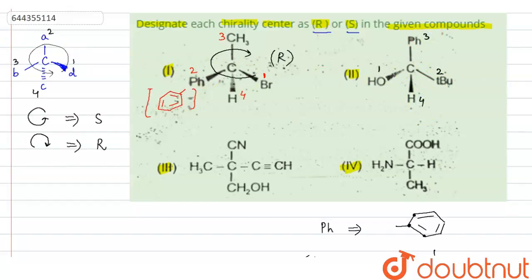Now if we rotate here, 1, 2, 3, 4, so the rotation will be like this, right?